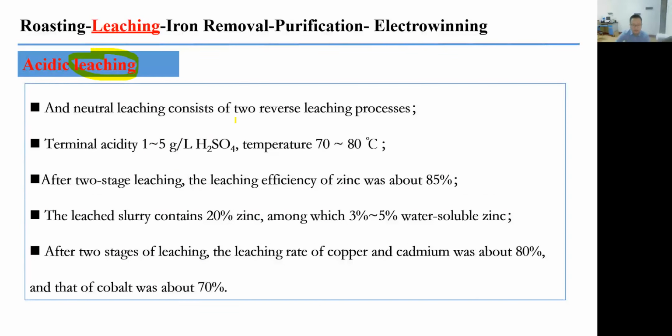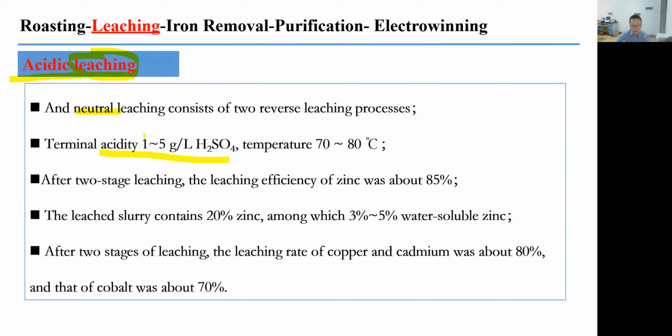So if we look at the parameters after neutral leaching, those slurries can be treated with acidic leaching. The terminal acidity is 1 to 5%.